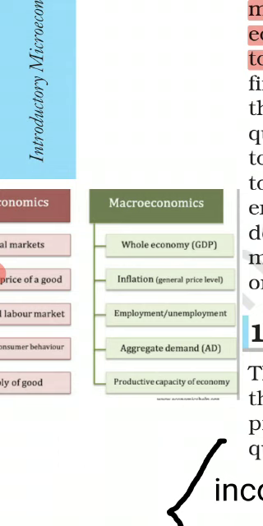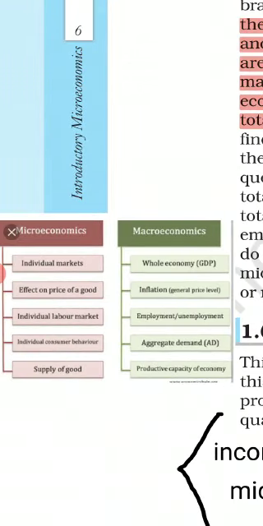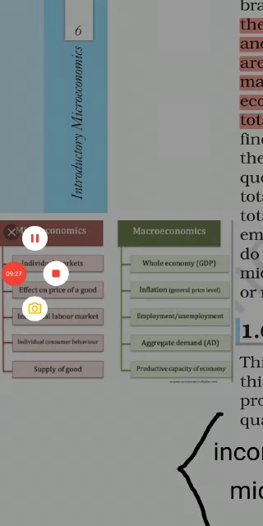Aggregate demand means total demand, and productive capacity of the economy: what is the total productive capacity of the economy? So these are the differences between micro and macroeconomics. When we study individual behaviors, that is the subject matter of microeconomics. When we study the economy as a whole, that is the subject matter of macroeconomics.